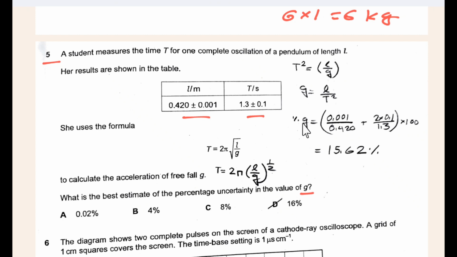Then percentage uncertainty in G is equal to percentage uncertainty in L plus, since T is to the power 2, 2 into percentage uncertainty in T. So percentage uncertainty in L, that is approximate uncertainty divided by value, plus percentage uncertainty in T, that is 2 into approximate uncertainty divided by value, into 100%. So we get the percentage uncertainty as 15.62, or corrected to significant figures it would be 16. So the answer is D.